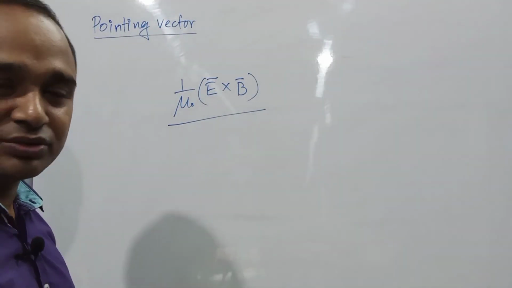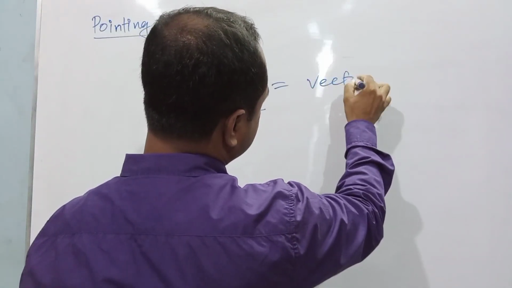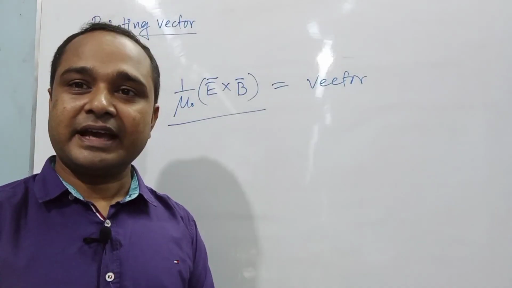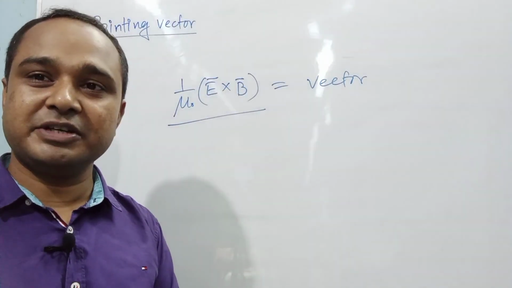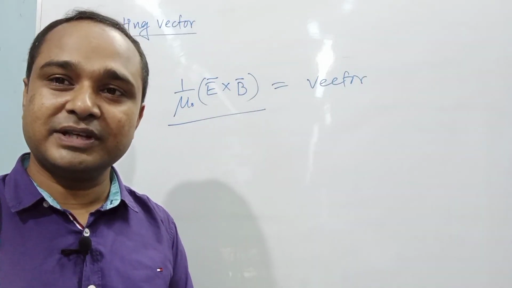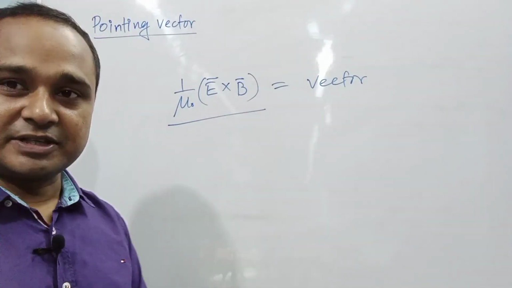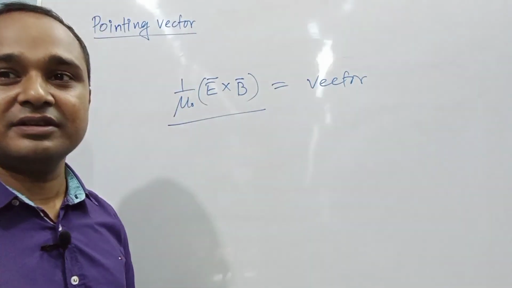We know the cross product of two vectors is also a vector. Its magnitude is equal to the energy which is transferred by electromagnetic wave through unit area of a plane which is perpendicular to the propagation of electromagnetic wave in unit time, right? So this vector is known as Poynting vector.